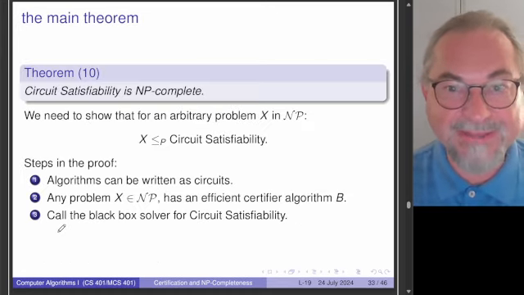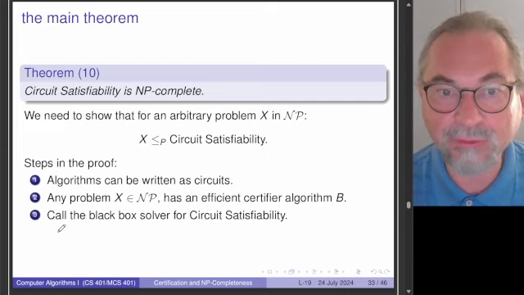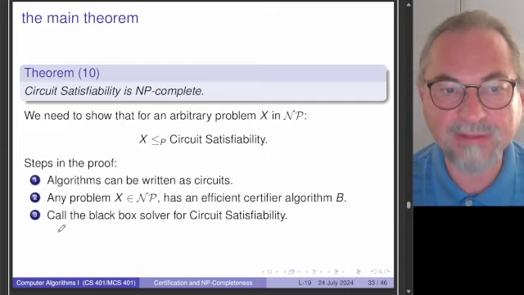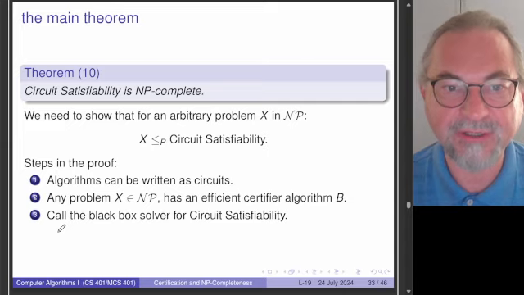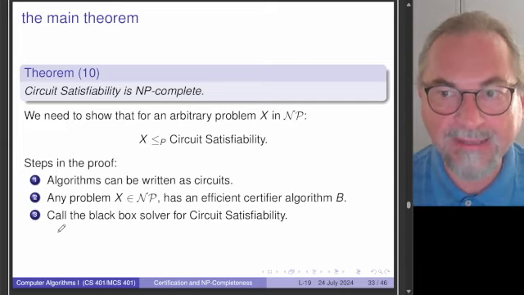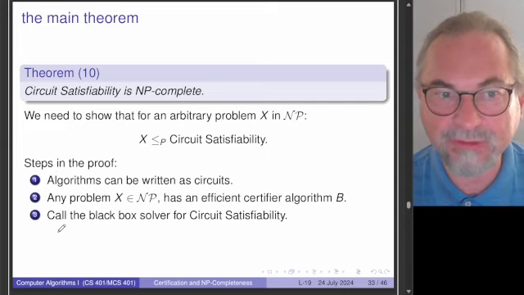Okay, so now is the main theorem. Circuit satisfiability is NP-complete. So what do we need to do for that? We need to show a lot more than that this problem has an efficient certifier. There are three stages in the proof. Any algorithm can be written as a circuit. That's the first part in the proof.